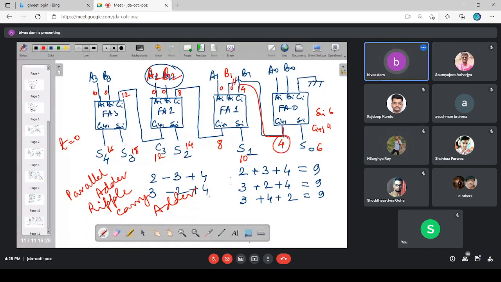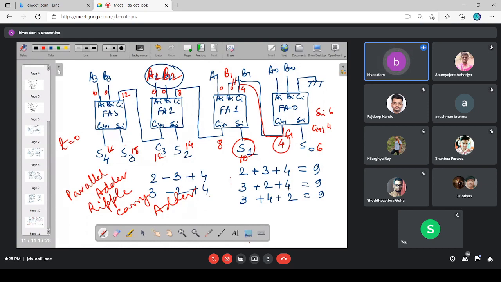Unless this is steady, will you get this S1 steady? No, sir. Unless this C1 becomes steady, I cannot get C2 and S1 steady. So first C1 has to be steadily available.